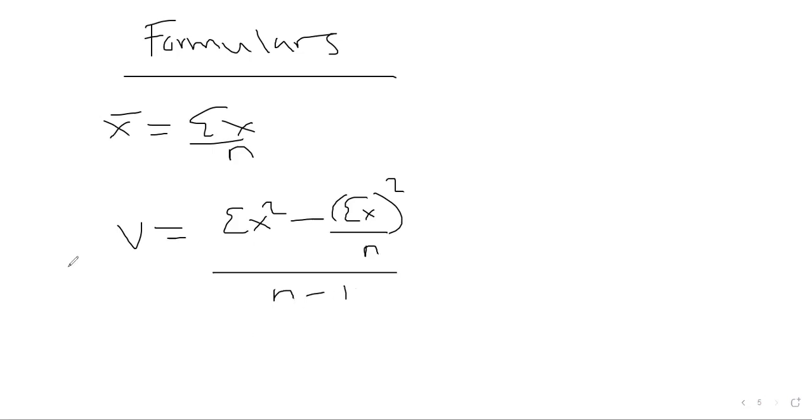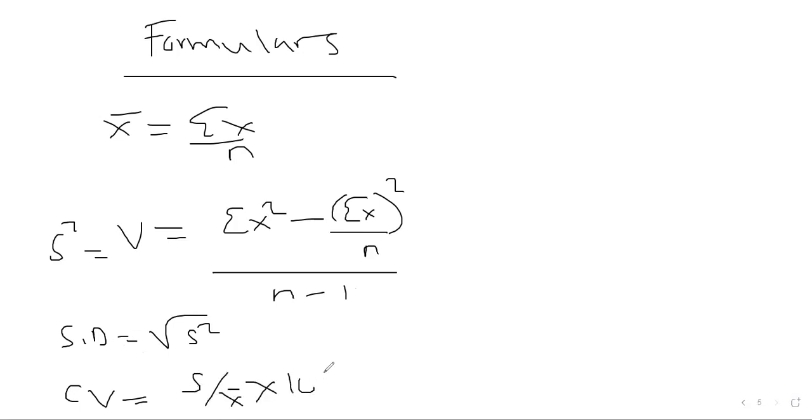This is called the sample variance. Then standard deviation is simply the square root of the variance. The coefficient of variation is the standard deviation divided by the mean, times 100. This is how we do it in ungrouped data.